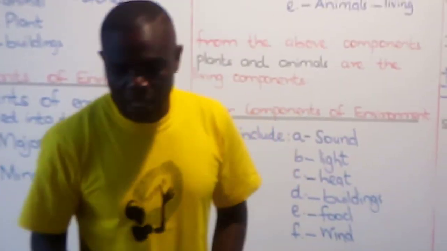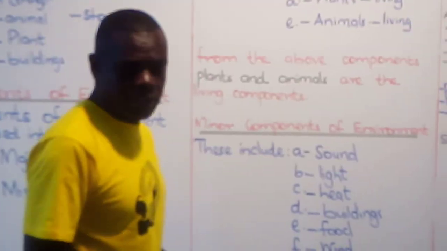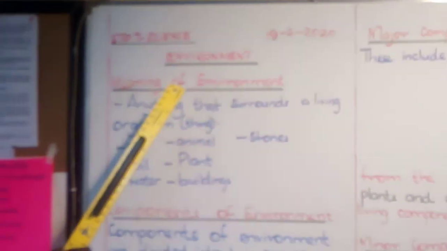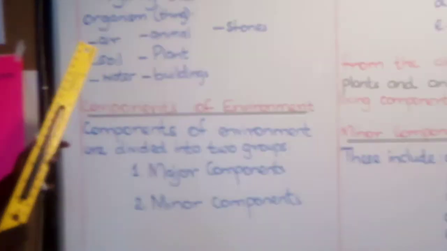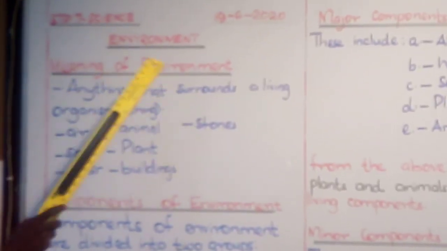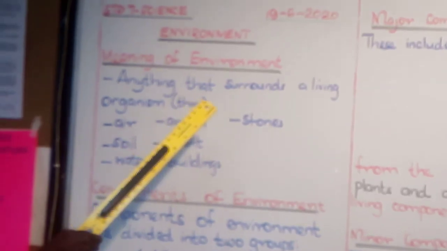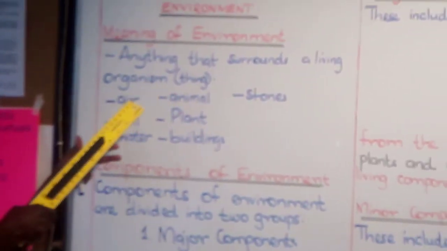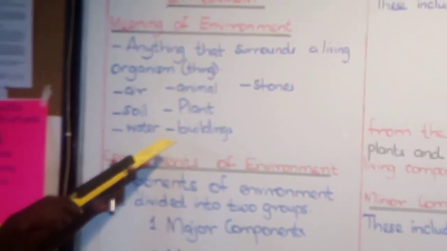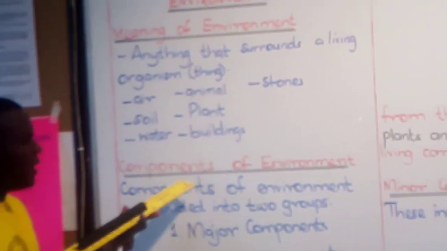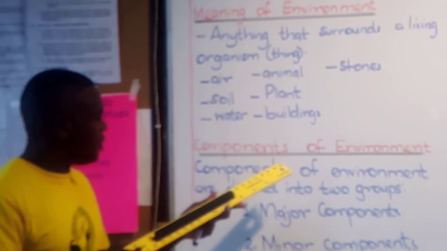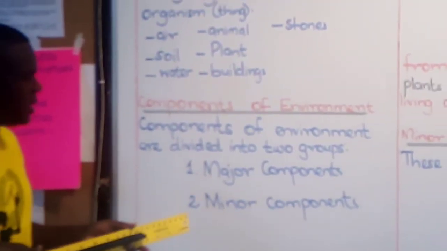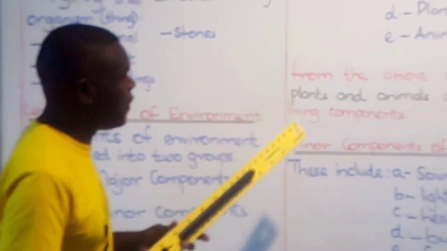Boys and girls, I hope you have understood. What have we learned today in science? We've learned about environment, and particularly we've learned about the meaning of environment, that it is the surrounding of a living organism. And we've mentioned some of the surroundings. Then we have learned about components of environment, and they are divided into two: major and minor components of environment.